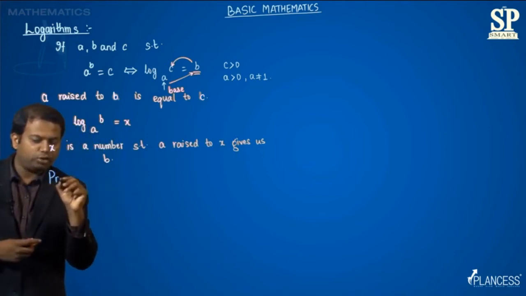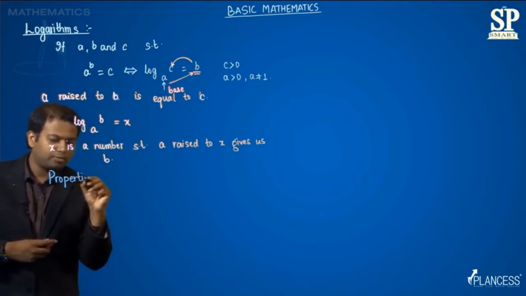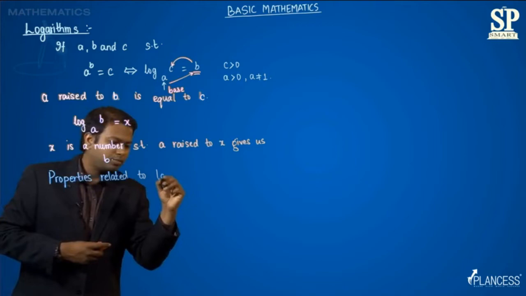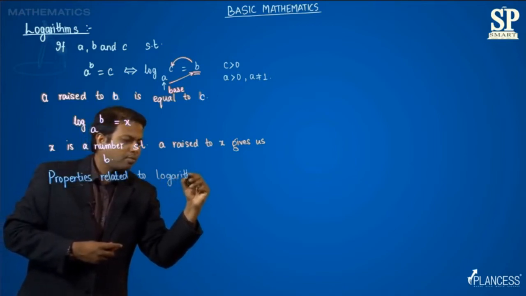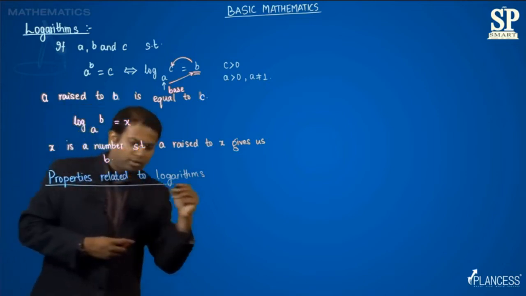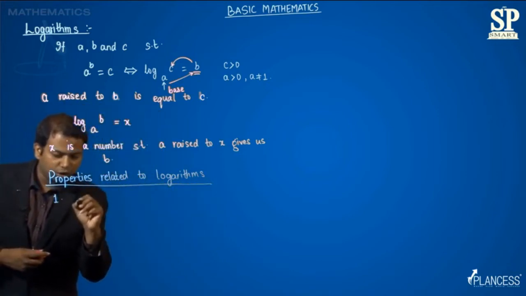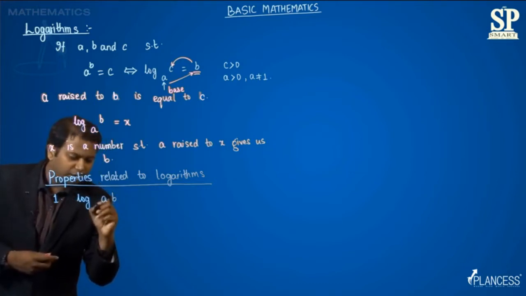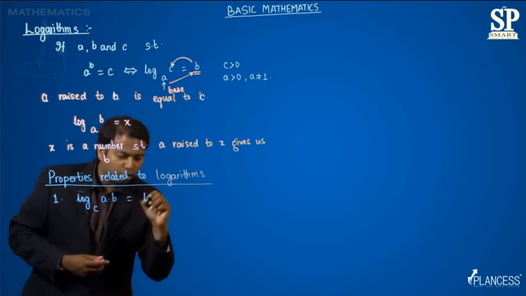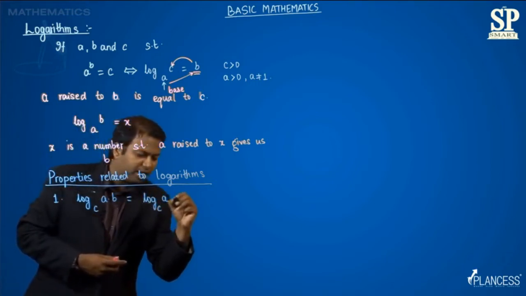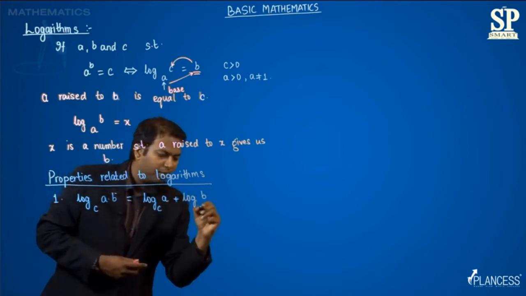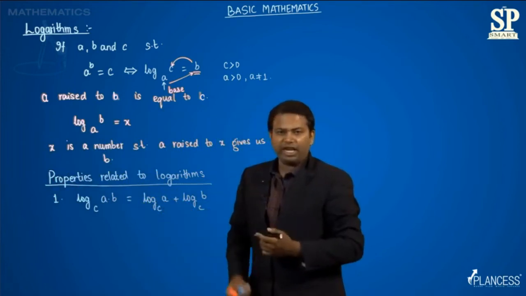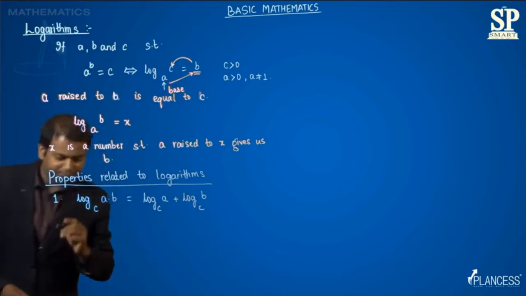The first property is log of A into B base C is equal to log of A base C plus log of B base C. You can prove this very easily by yourself, so we will not get into the detail of the proof of these properties.